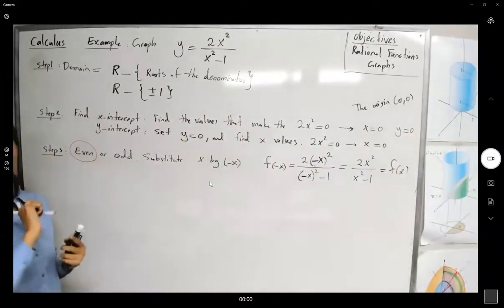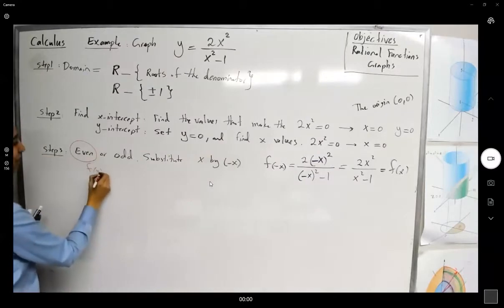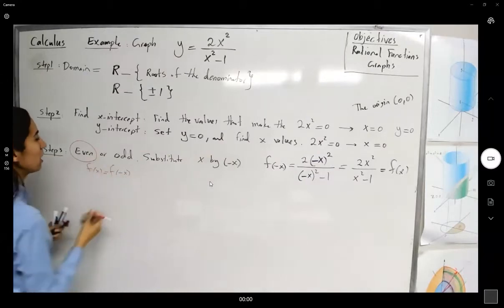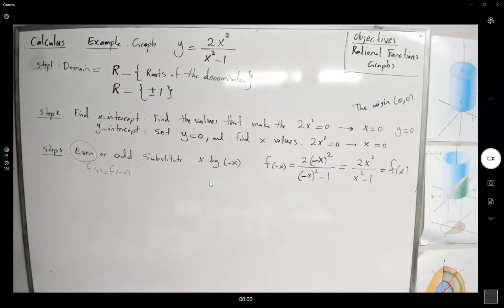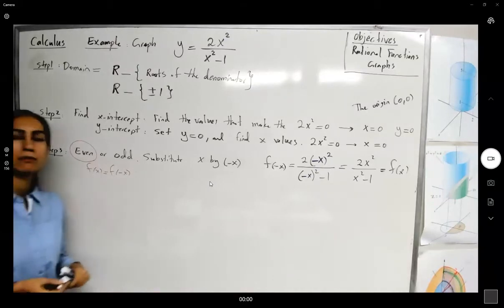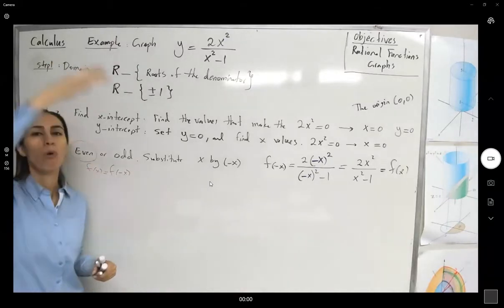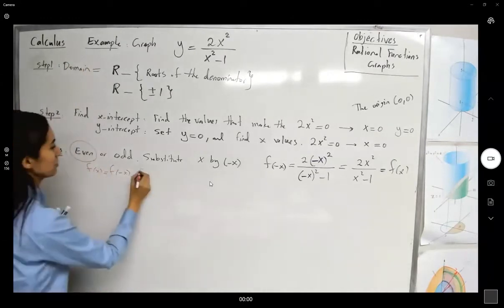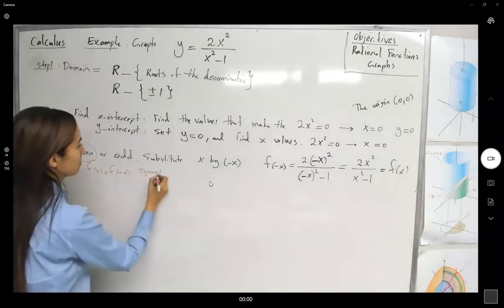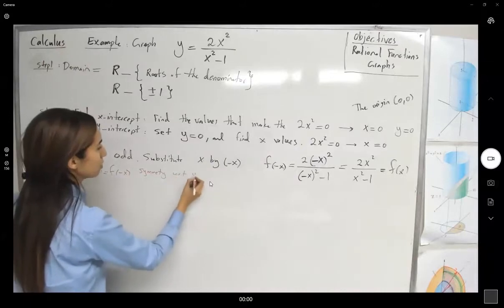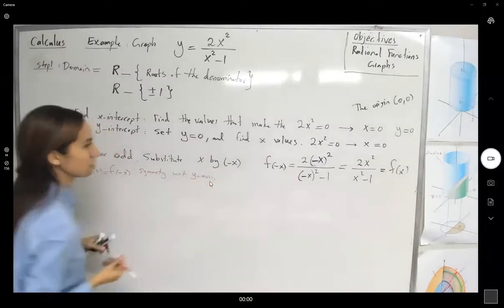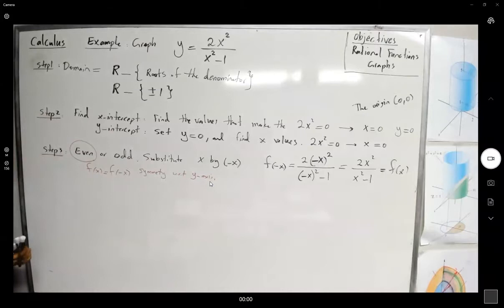We have an even function, f of x is equal to f of minus x. Here it means that you have a symmetry with respect to the y-axis. So so far we know that we have an even function.